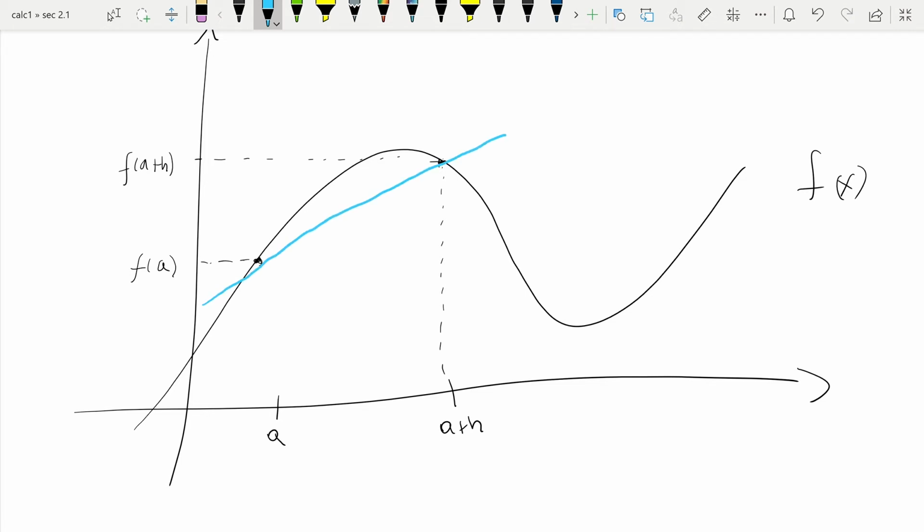So we have one secant line corresponding to the blue line, which will have its own slope. And now we can also consider a smaller value of h. This will be a plus some other number h1.